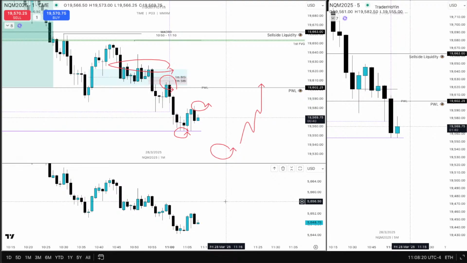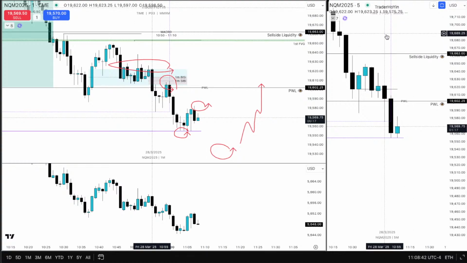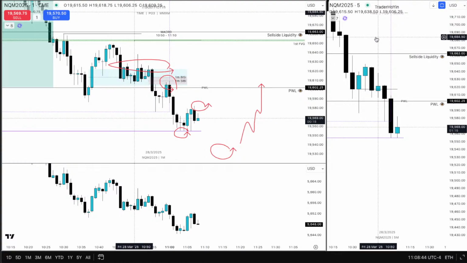Maybe you can look for a long entry during the PM session. Depends how the lunch macro works, right? Sometimes the lunch macro will play the evil move. It will aggressively move back up to the range mid during the lunchtime, because that's how it works, right?